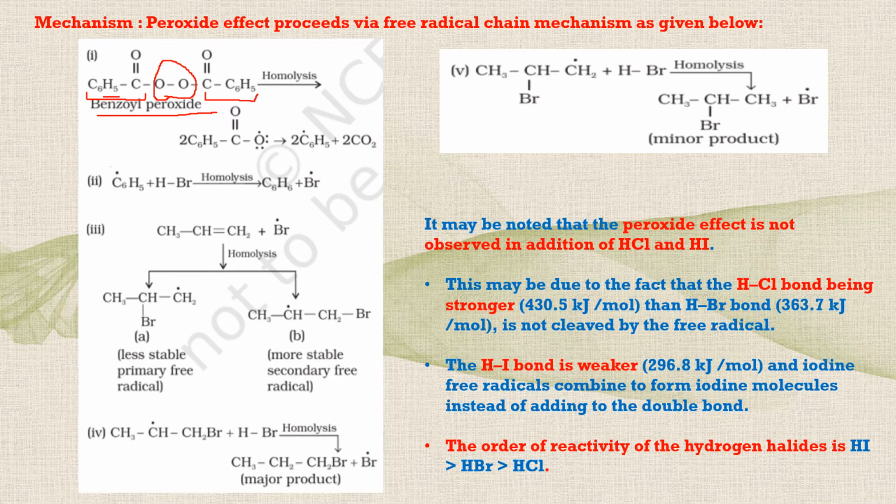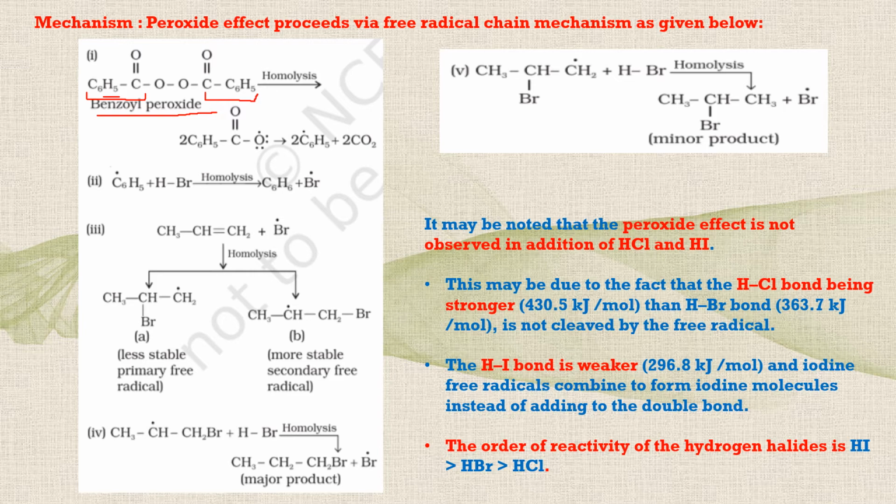As I told you, two oxygens are attached to each other by single bond. So this reaction follows free radical mechanism. And we know that free radicals are formed when there is homolysis taking place. So that's why homolysis is being explained here.